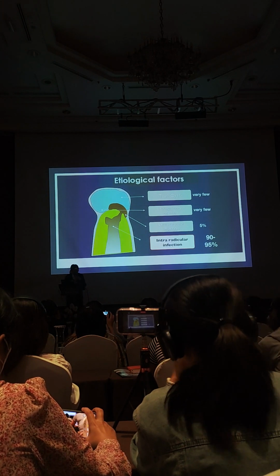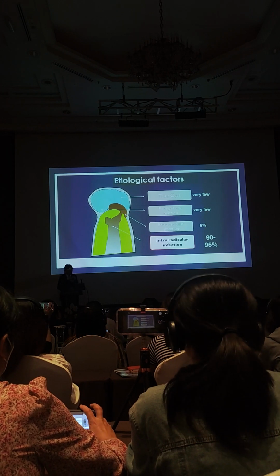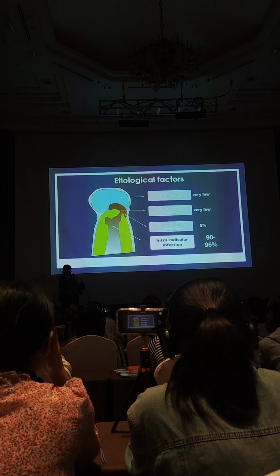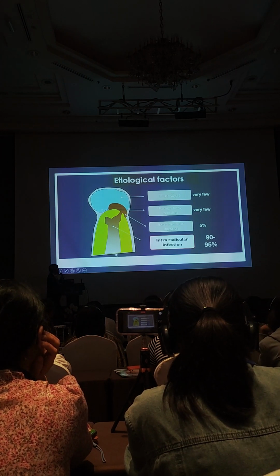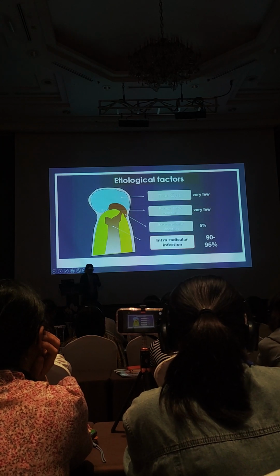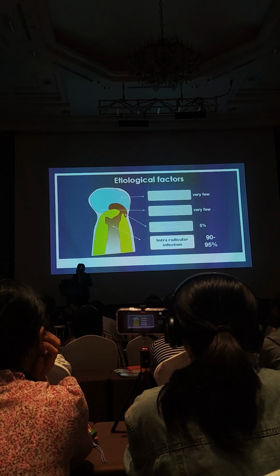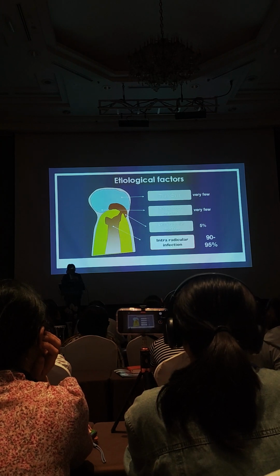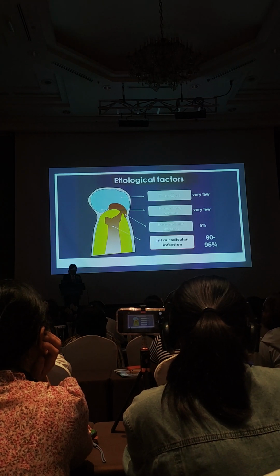So we are mainly dealing with granulation tissues, and the majority of the causes are bacteria inside here. So if you clean the root canal, your success rate will be, or should be, 95%, because the majority of the lesions are granulation tissues coming from the root canal. But of course, you may have extraradicular infections, but which is a very small percentage, like 4% or 3%.